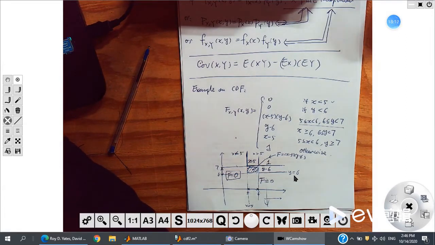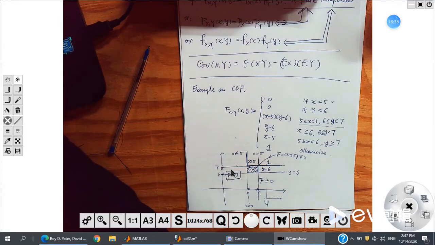And in the other direction, the left side, x is smaller than 5, and the right side, x is larger than 6. So totally we have 9 different pieces, and the values of f are different.